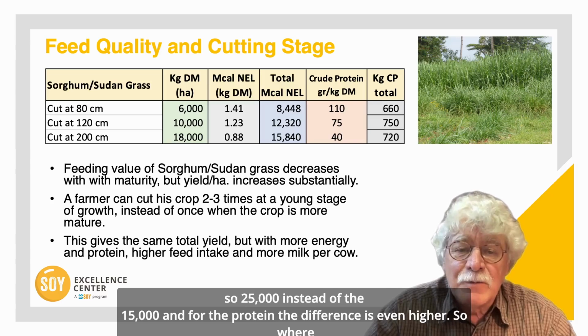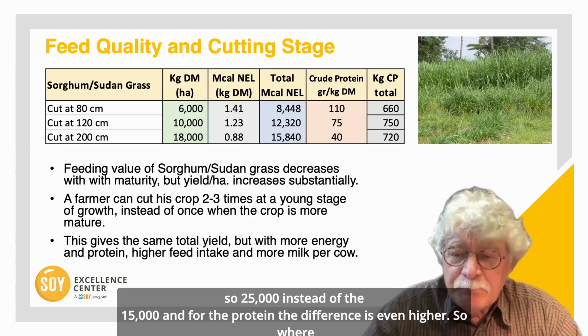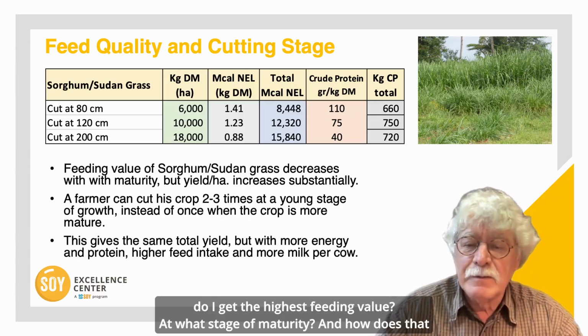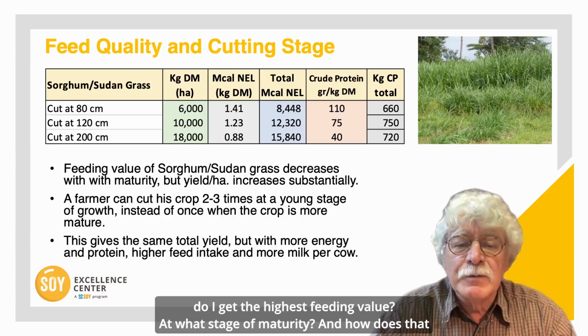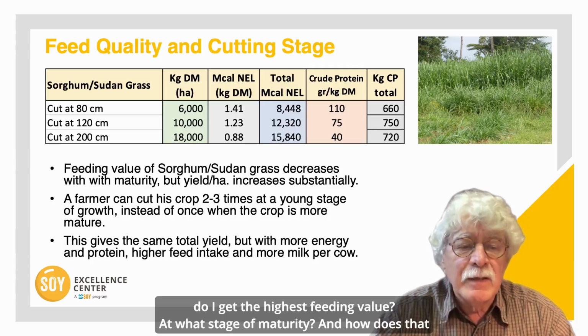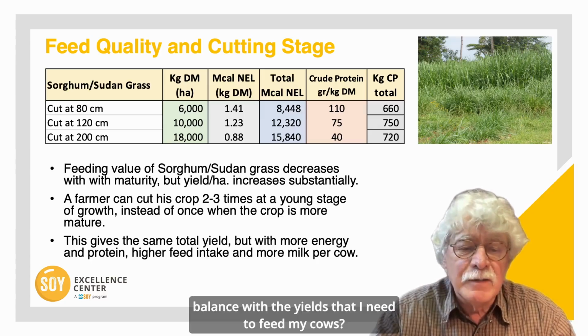It's 25,000 instead of the 15,000, and the same for the protein. So where do I get the highest feeding value? At what stage of maturity? And how does that balance with the yields that I need to feed my cows?